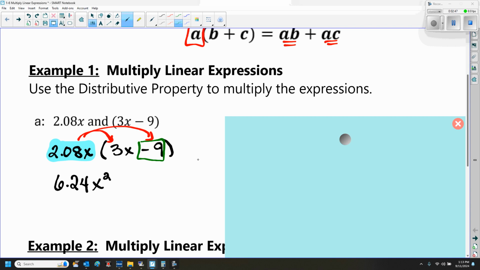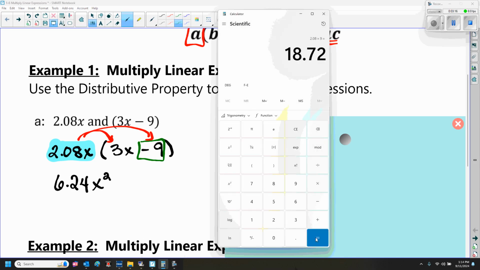Now, I want to say this to you guys. You need to remember this forever, okay? The operation is also the sign of the number that follows. Is everybody clear? So now we're going to take this 2.08x and we're going to multiply it times a negative 9. So 2.08 times negative 9 is going to give us 18.72.